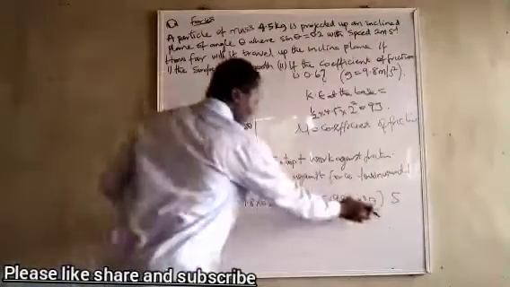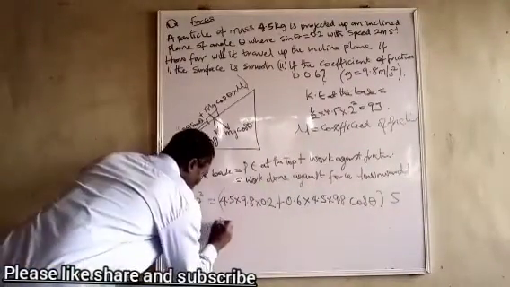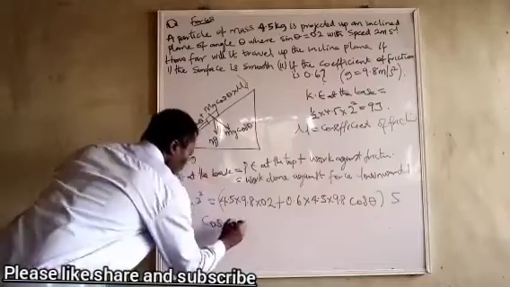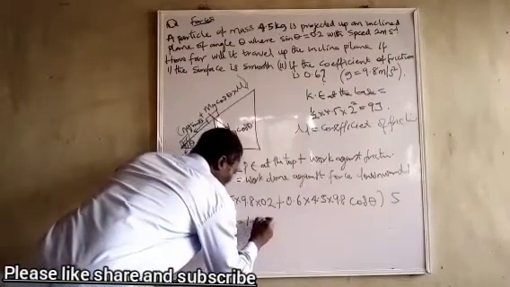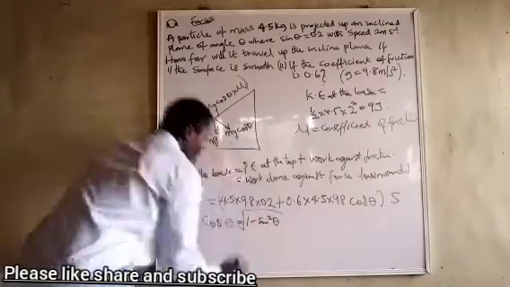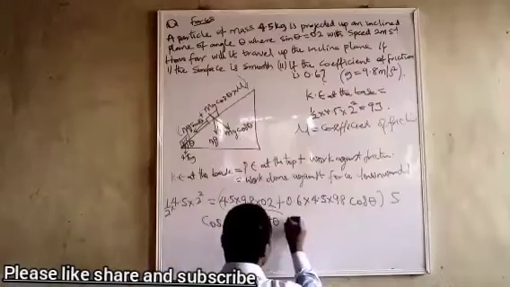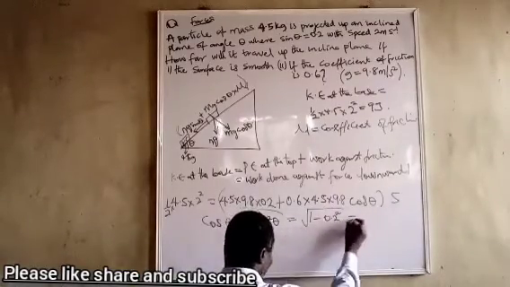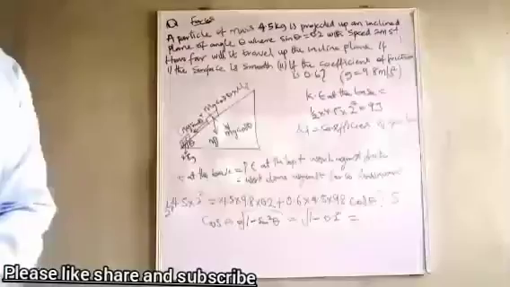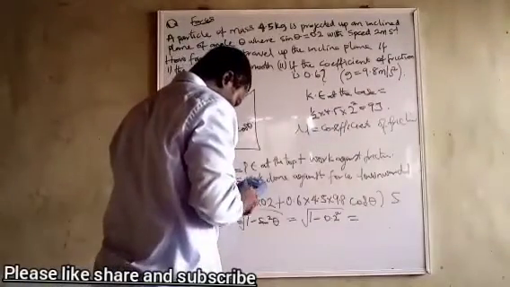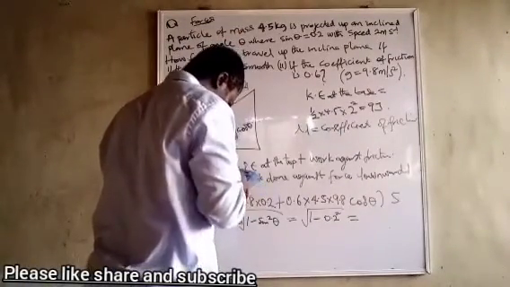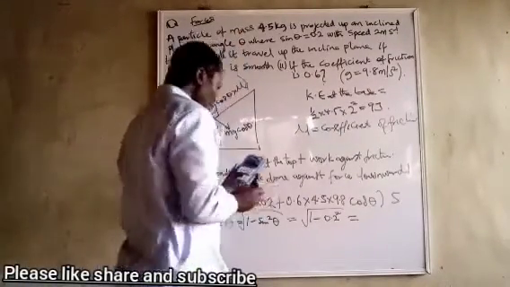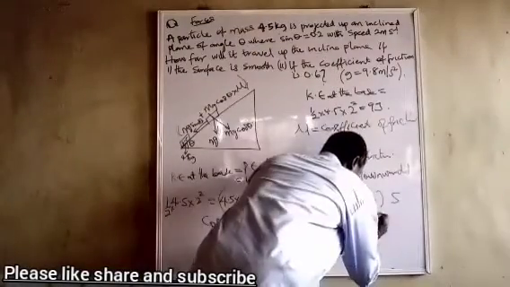Now let me work out the cosine. Cos theta is equal to the square root of 1 minus sine squared theta, you know from our trigonometry. This will be the square root of 1 minus 0.2 squared, and that is 0.98.